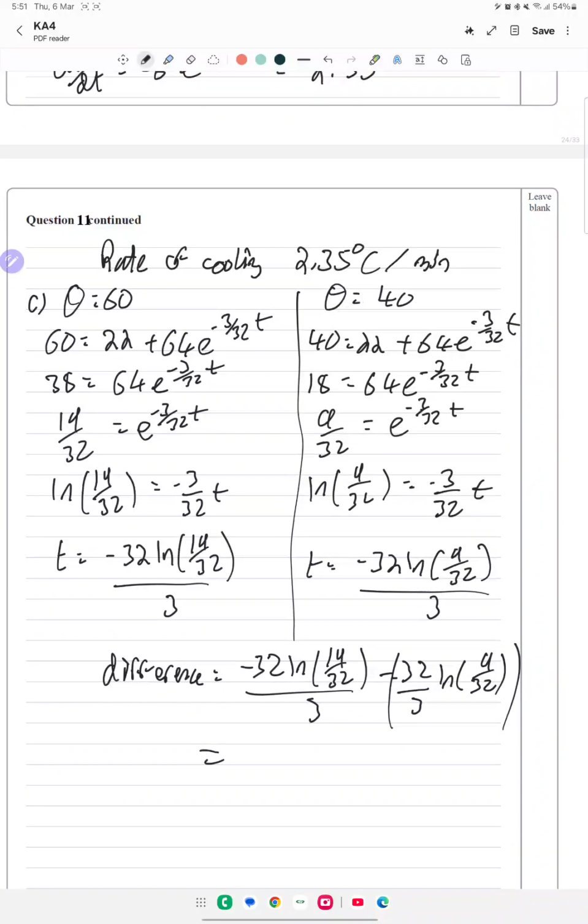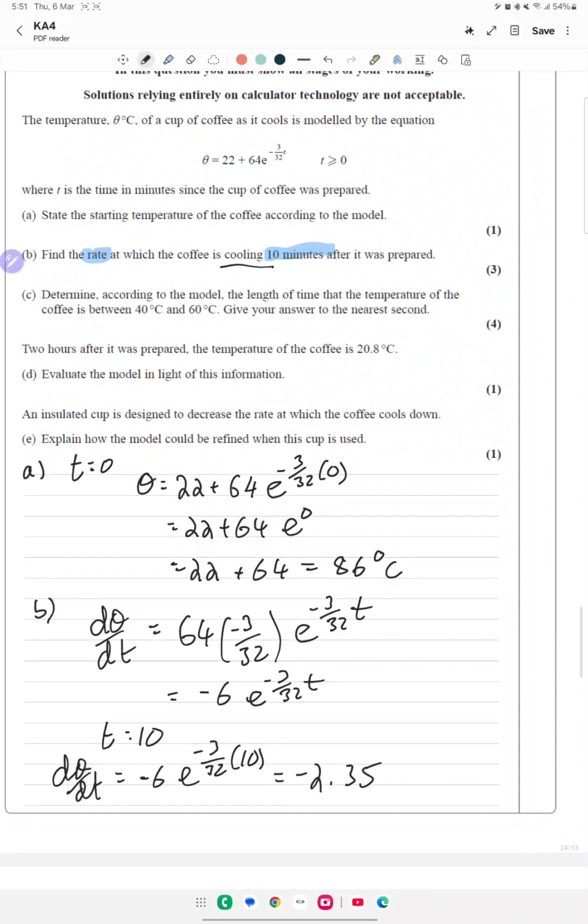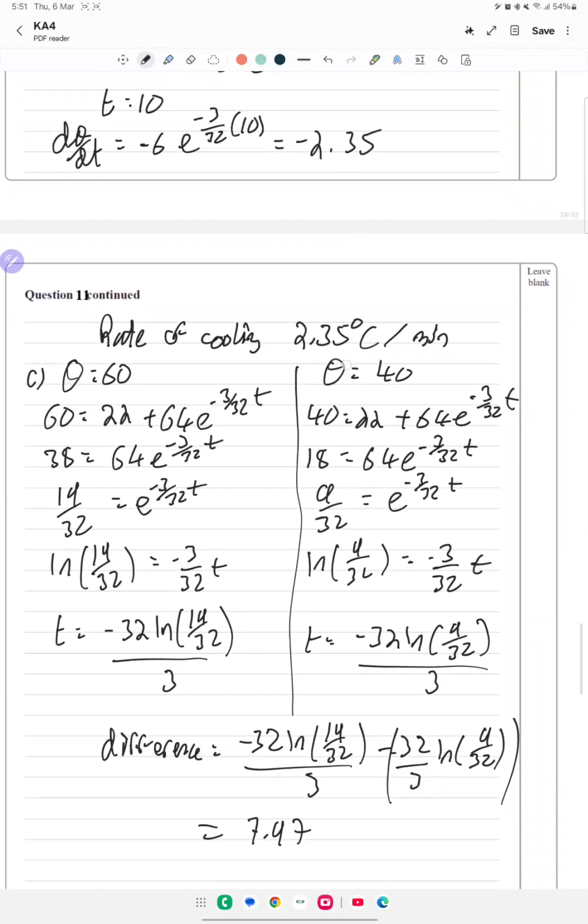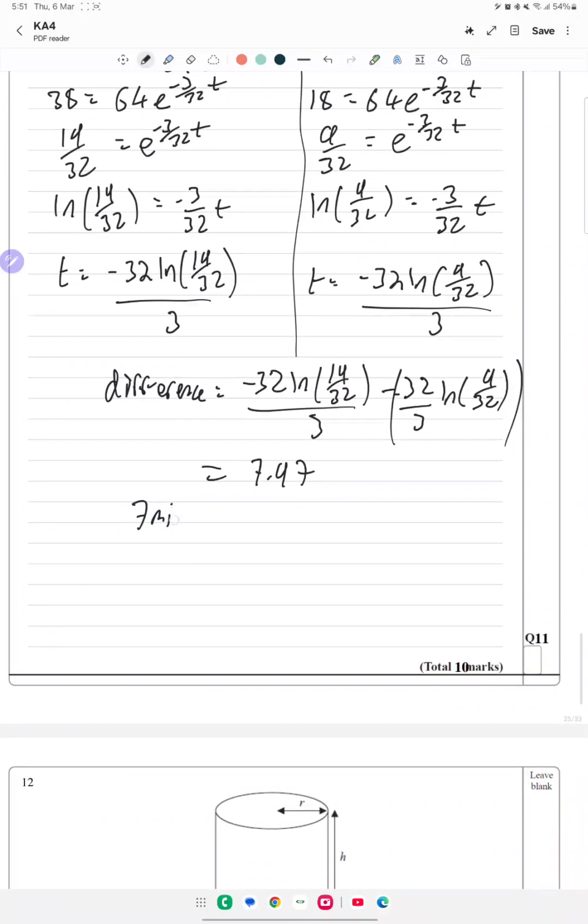That's 7.97. We need it to the nearest second. So it's going to be 7 mins, and take 0.97 times by 60, 58 seconds.